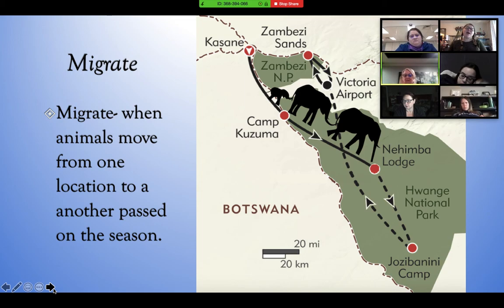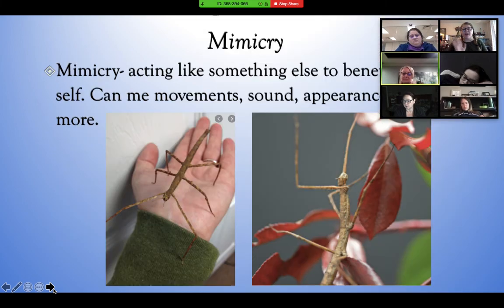The next one is mimicry, so acting like something else to benefit yourself. So this can be through movement, sound, appearance, and more. So this is a Vietnamese walking stick, and what they do is they attach their lower legs to a tree, and they stand up on their hinds, and they sway with the wind, just like the branches do.